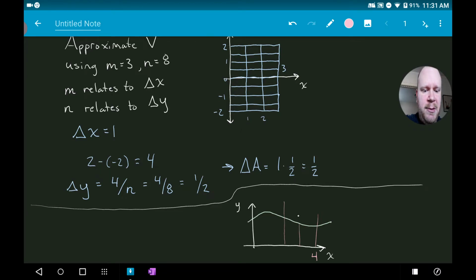What we'll do is break this up into 1, 2, 3, 4 components. And then the choice that you have is you can use the left-hand rule.